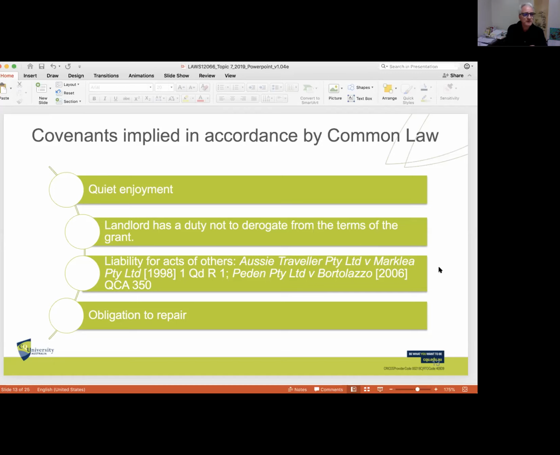So we see here, for example, quiet enjoyment. The lessee has a right to quiet enjoyment, and this is part of exclusive possession. It won't be interfered with by the landlord coming and banging on the door every other day and so on. The landlord has a duty not to derogate from the terms of the grant, which is discussed starting at 8.64.